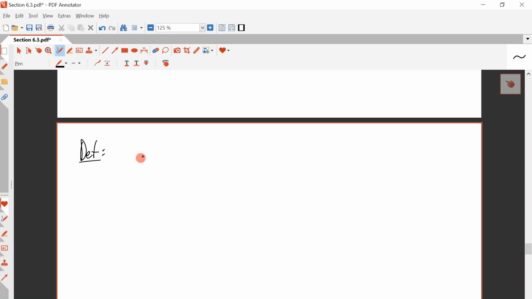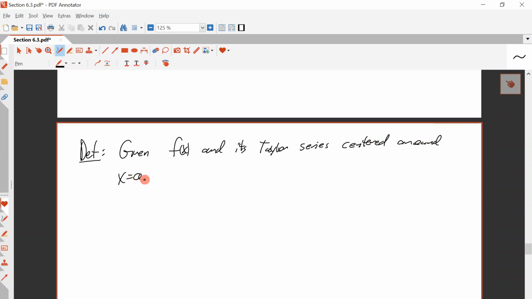So, by definition, given f of x and its Taylor series centered around x equal to a, f of x is equal to the kth Taylor polynomial plus the kth remainder, right?